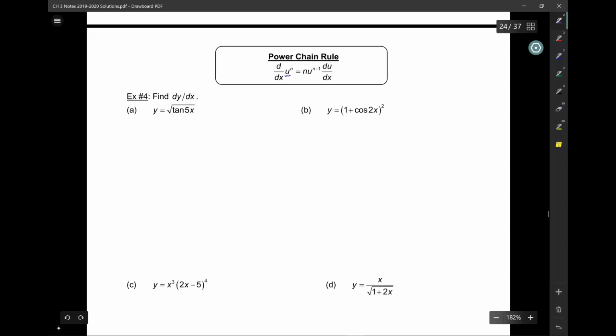Like the square root of x or something like that. So what you would do is the n will come down just like before, and then you subtract n by 1, right? And then you still have to find the derivative of u.